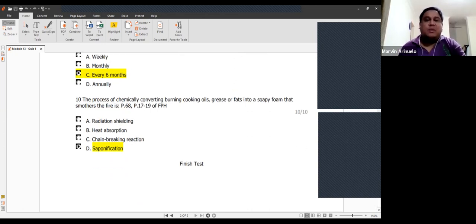And the process of chemically converting burning cooking oil, grease, or fat into soapy foam that smothers the fire. We discussed it last meeting, last Monday. This phenomenon we call saponification, which is available on page 68 of your handout or pages 17 to 19 of your Fire Protection Handbook.